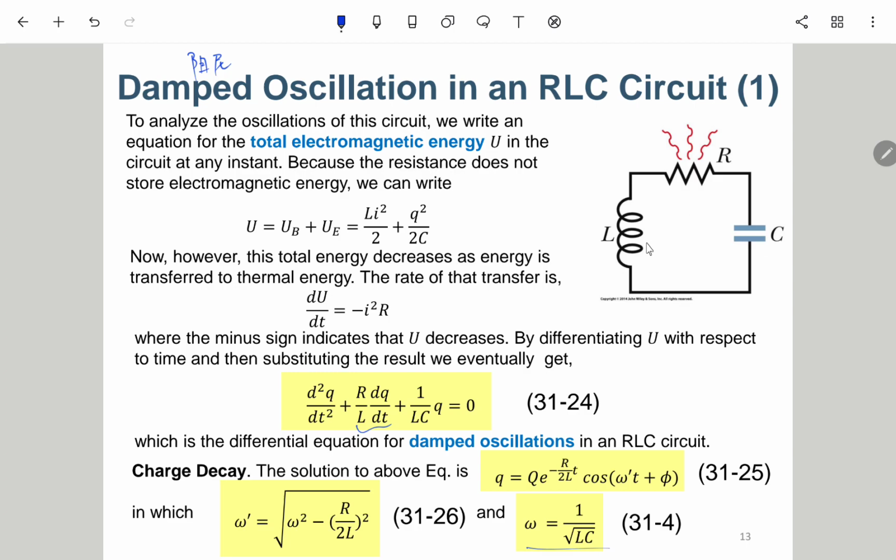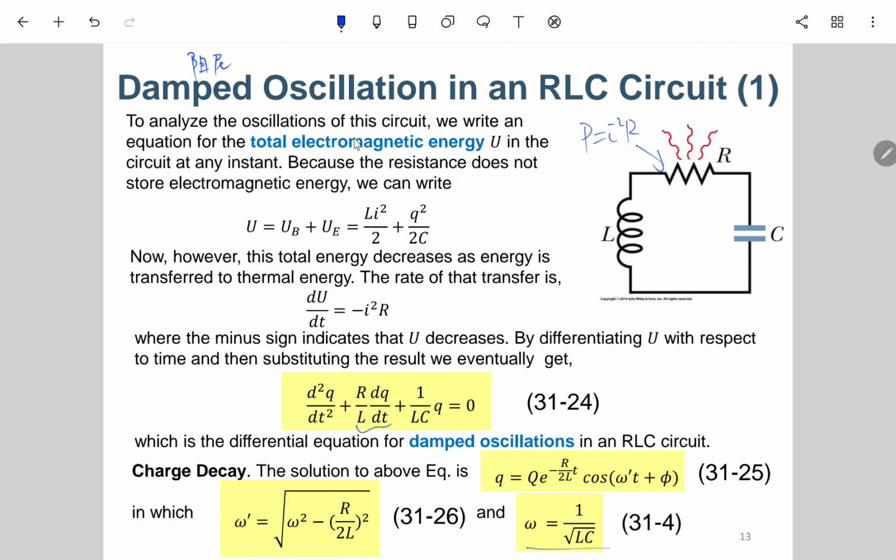In such a way, of course the LC will oscillate, but this R will consume energy, because the power consumed by this resistor is P equals I square R. As much as there are charge and discharge operations, there will be current, and this current makes the energy consumed by the resistor become heat. So the total energy will become smaller and smaller.